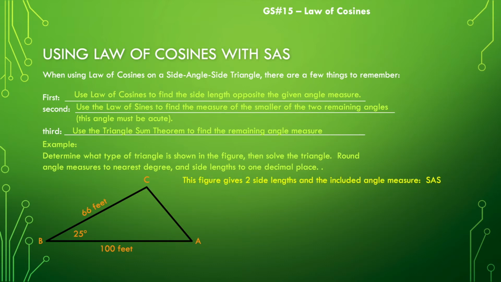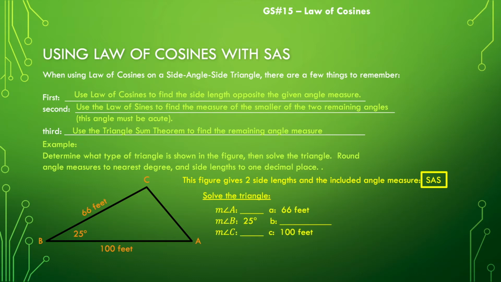So you definitely want to know how to do this. This particular triangle gives us two side lengths and the angle measure in between them, so we know that this is an SAS triangle. We want to solve the triangle, which means finding every angle measure and every side length.